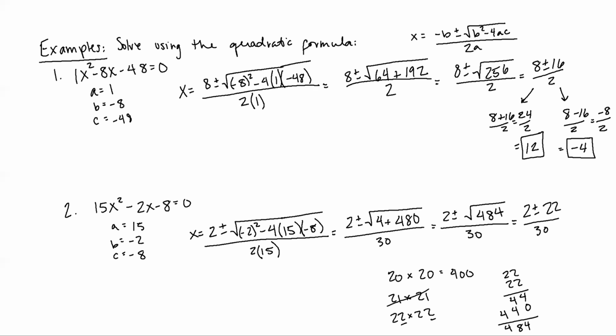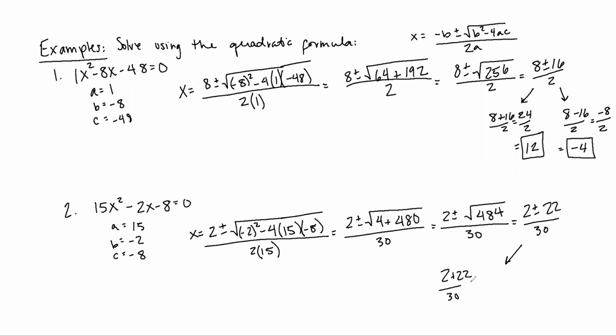Let me erase all of this stuff down here. And if we go ahead and get our two separate answers, we're going to have 2 plus 22 over 30, which would be 24 over 30. And all we can do here is reduce.